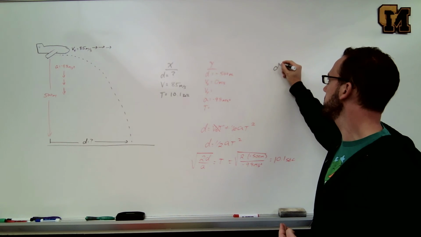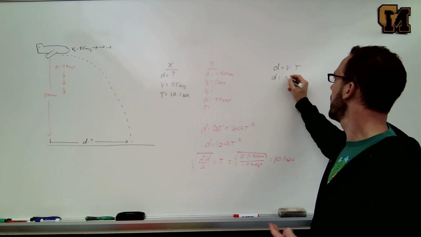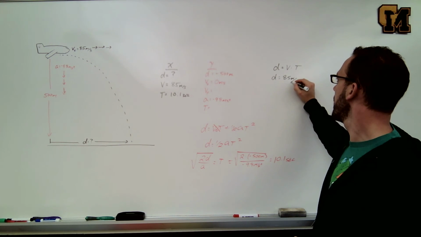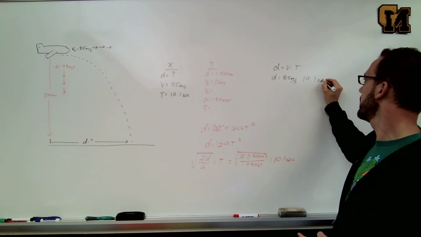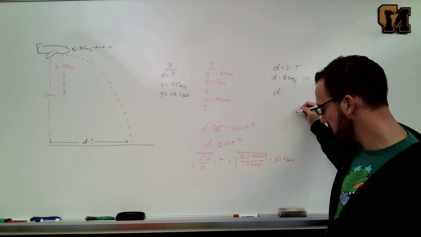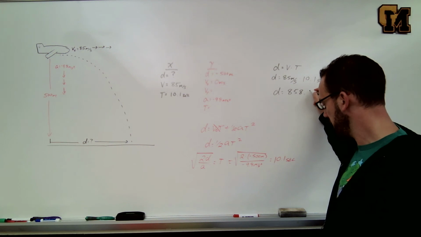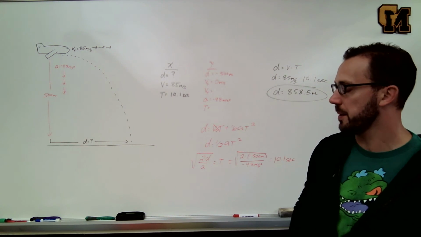So I can use very simply D equals V times T. Our velocity, as we said, was 85 meters per second, and our time was 10.1 seconds. And when we plug all that into our calculator, we should get 858.5 meters when we kept all those digits.